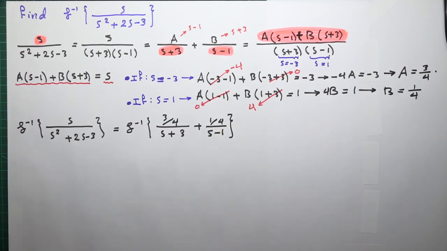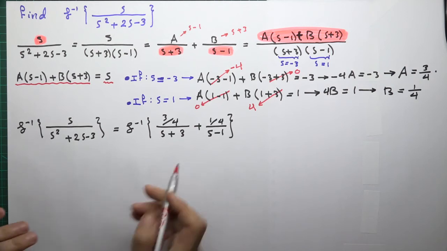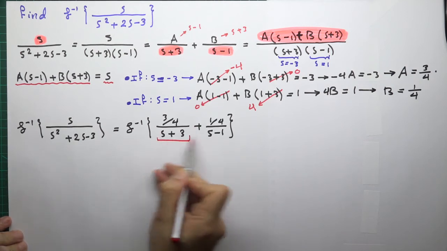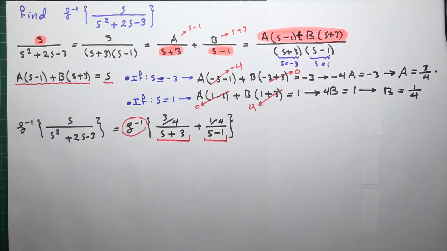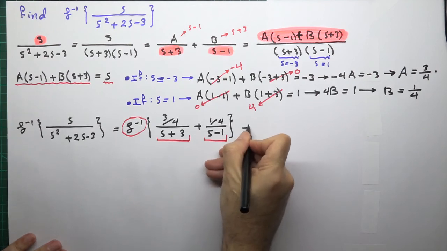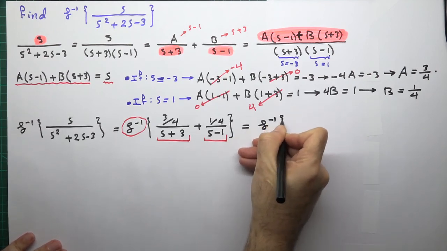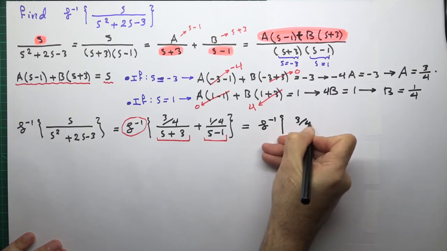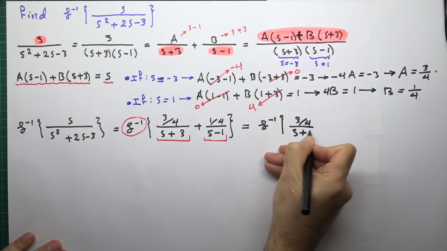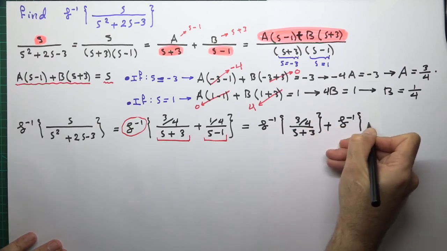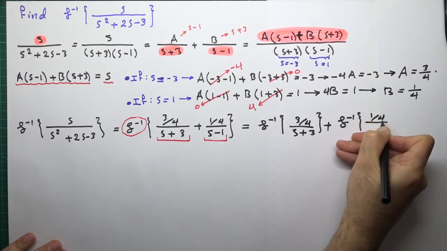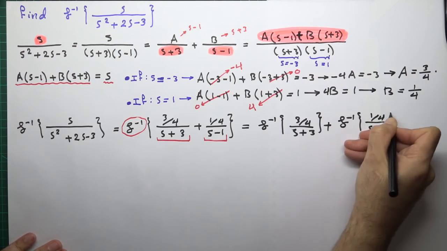Then because we have here linear transform، كلنا نعرف بأن inverse Laplace transform linear transform. So رح نعطي كل function هون this sign of course، فراح يصير عندي ما يلي inverse Laplace transform of 3 over 4 over S plus 3 plus مرة ثانية inverse Laplace transform of 1 over 4 divided by S minus 1.